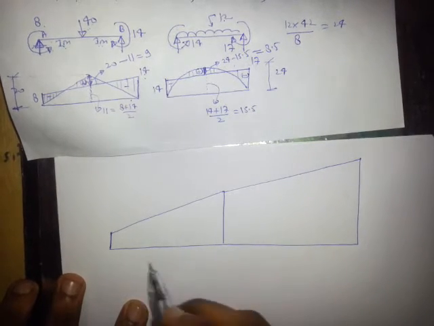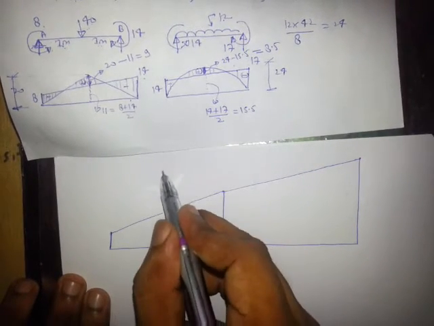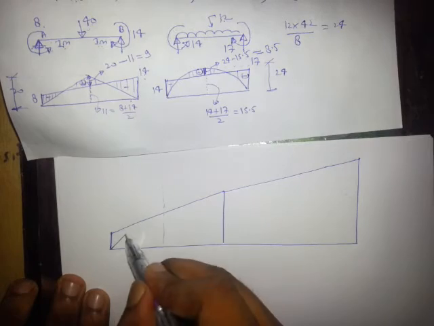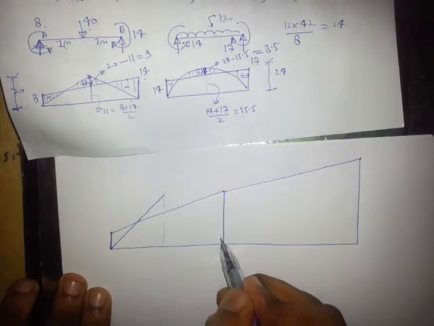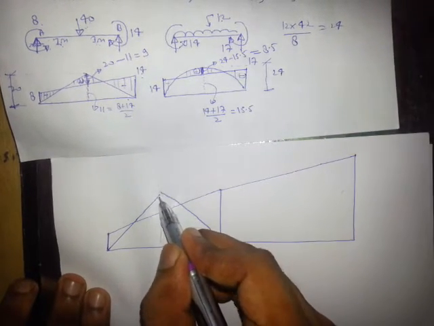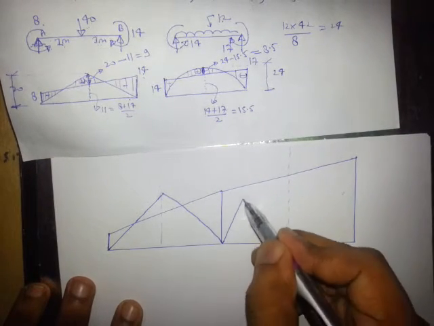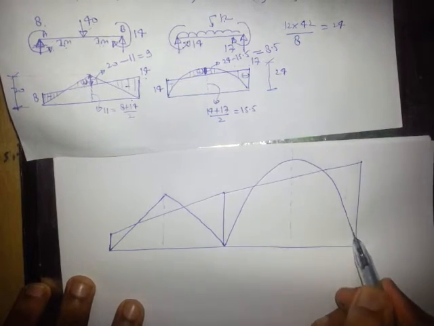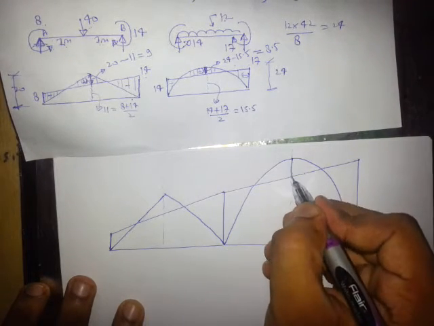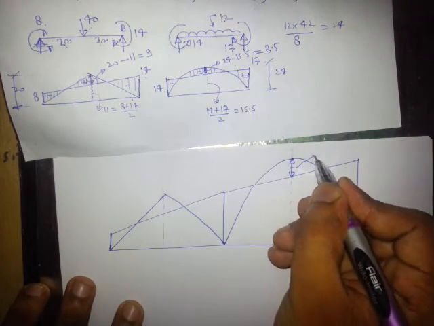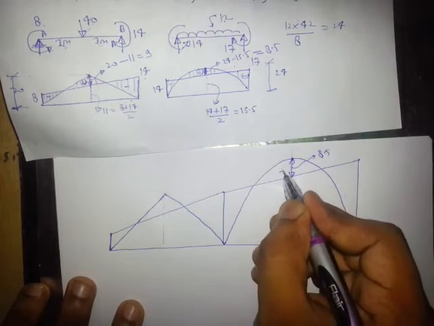This is minus, and it is also mid. So this value was 8.5.